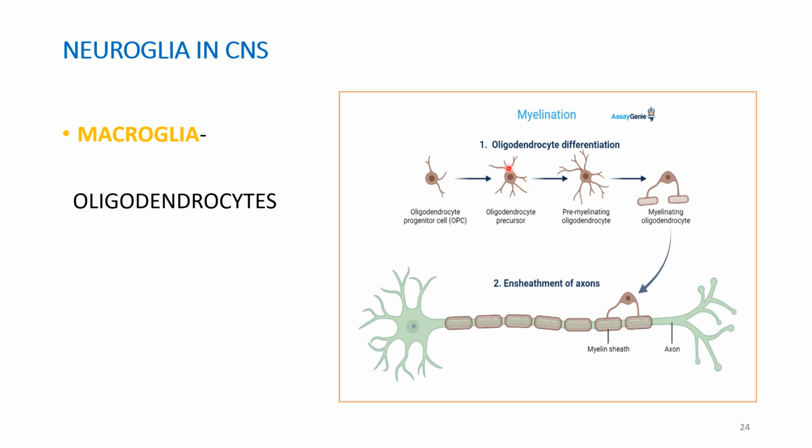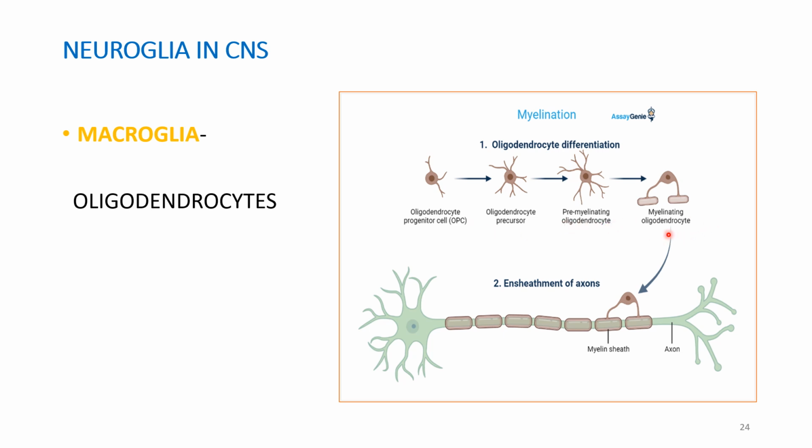First it is an oligodendrocyte progenitor cell, then it forms an oligodendrocyte precursor, then a pre-myelinating oligodendrocyte, and then a myelinating oligodendrocyte. From the progenitor cell to precursor, then pre-myelinating to myelinating.